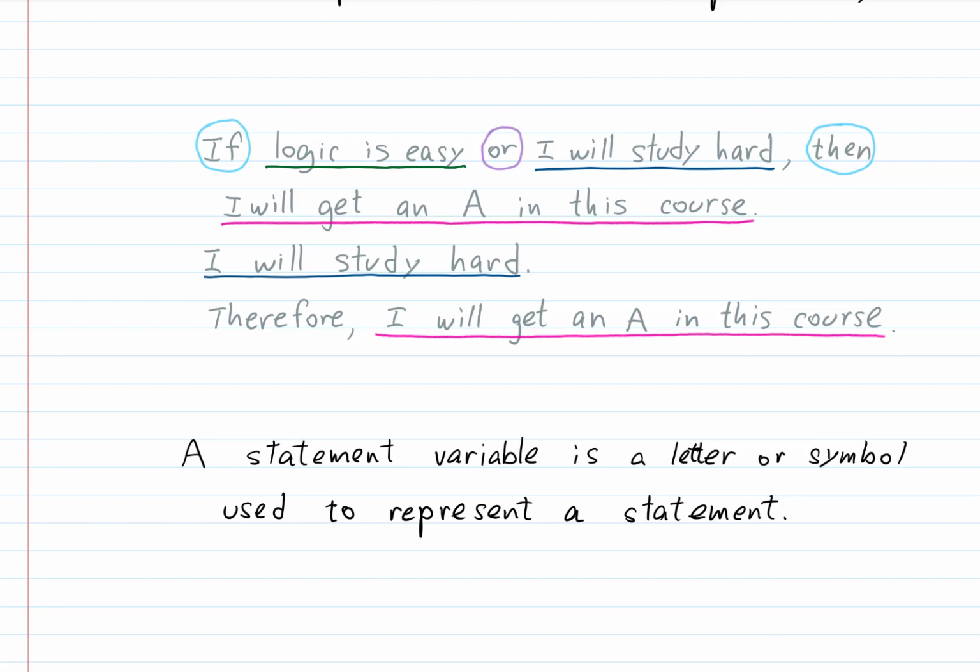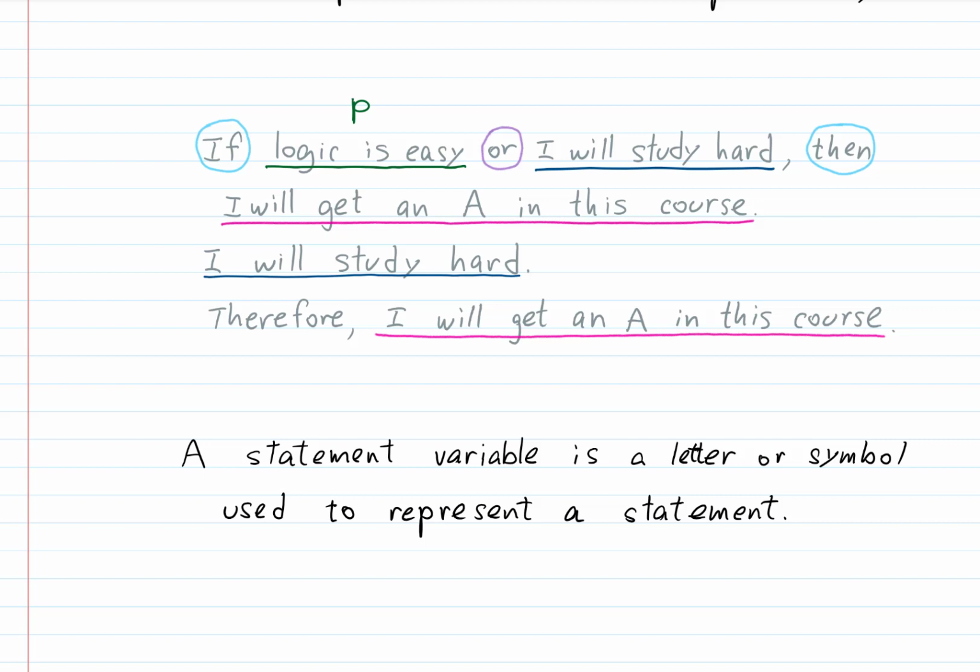Okay, so let's go back up to that argument and look at what I underlined in green. Logic is easy. Let's just call that P. P is going to stand for "logic is easy." Okay? It could stand for something else.